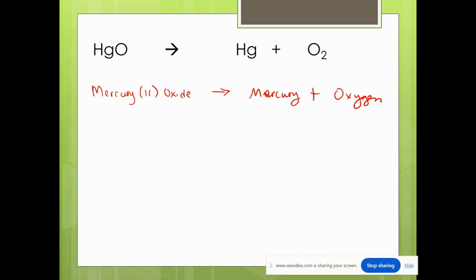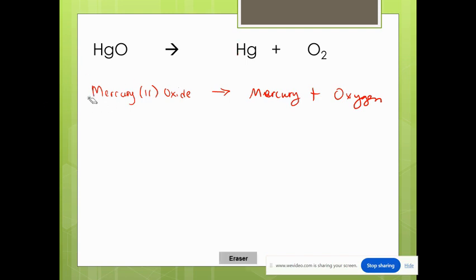And you're going to need to know how to write mercury 2 oxide and mercury and oxygen. Why does this have a 2 and this not down here? Right. This is a Brinkelhoff. This isn't. Okay.